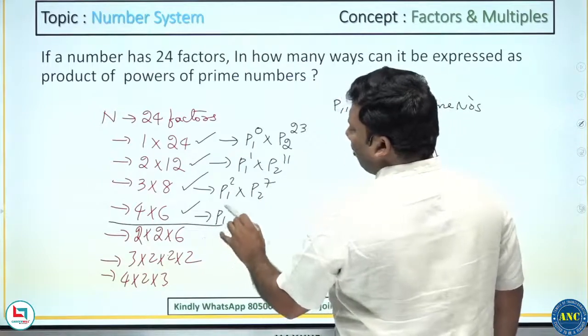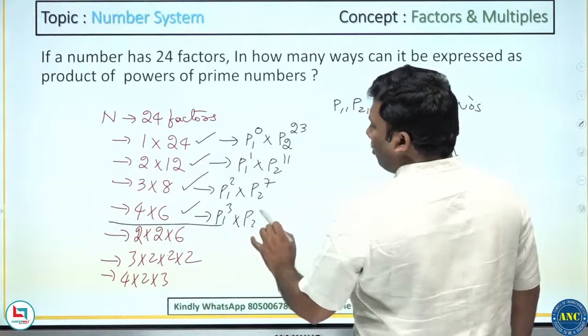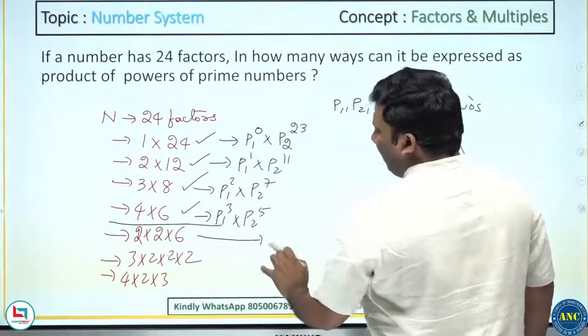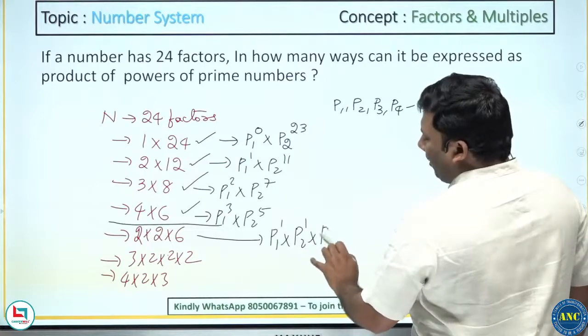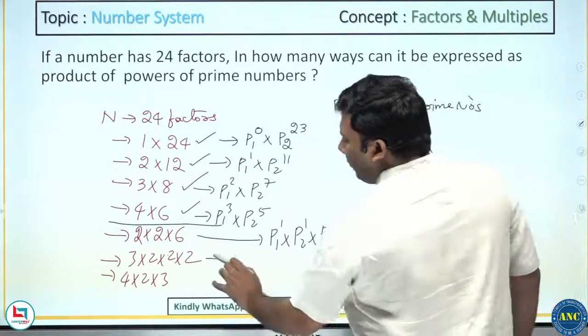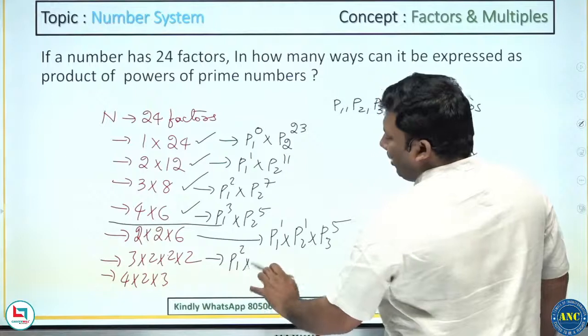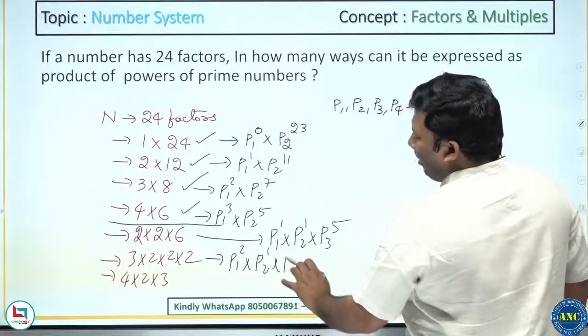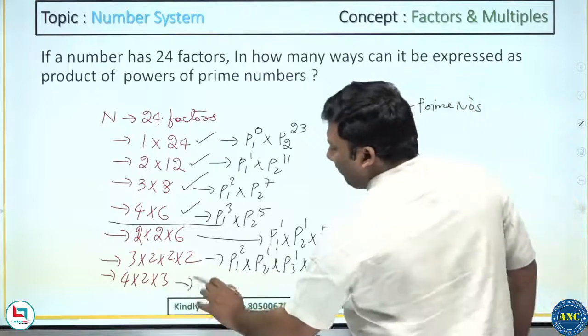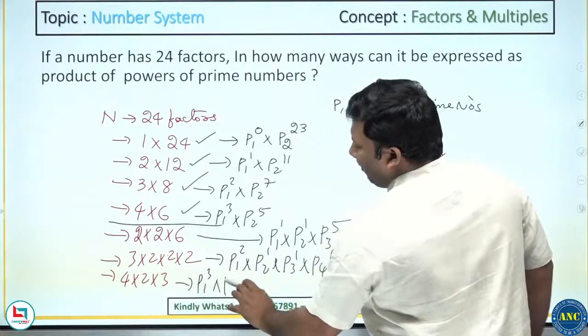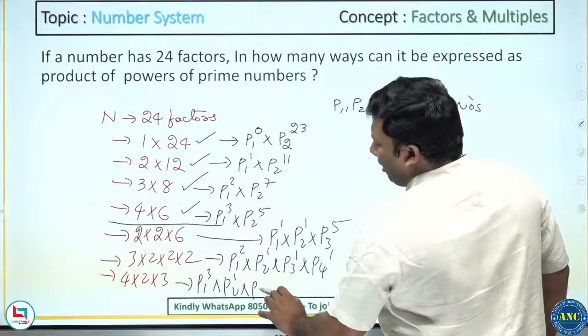If it is 4, P1 power 3 into P2 power 5. If it is 2, P1 power 1, P2 power 1, P3 power 5. If it is 3, P1 power 2, P2 power 1, P3 power 1, P4 power 1. If it is 4, P1 power 3, P2 power 1, P3 power 2.